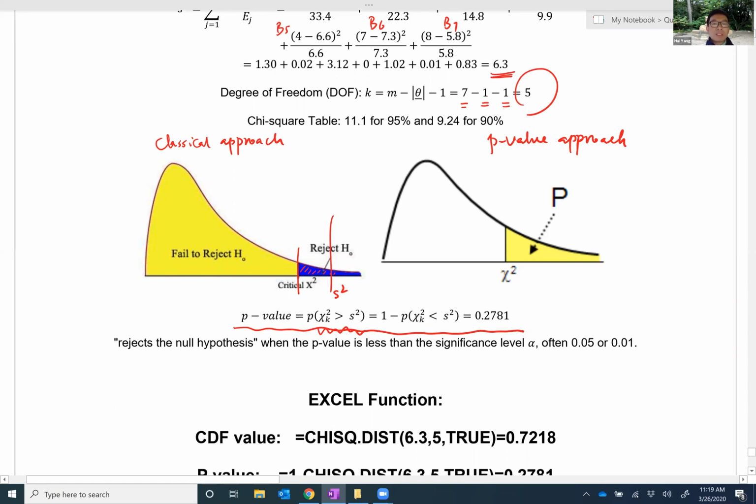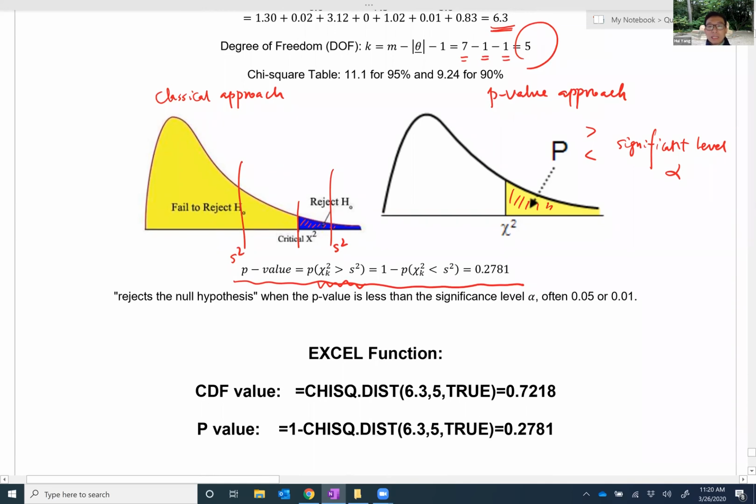This is an acceptance region. If your S square is here, then you accept. But if your S square is right here, we're going to calculate this p-value, and then we compare whether this p-value is greater than or less than the significance level alpha.